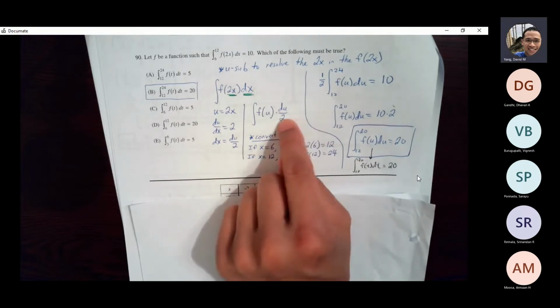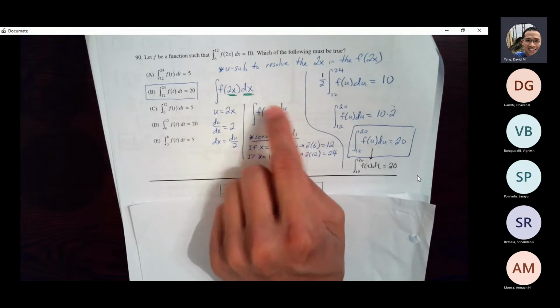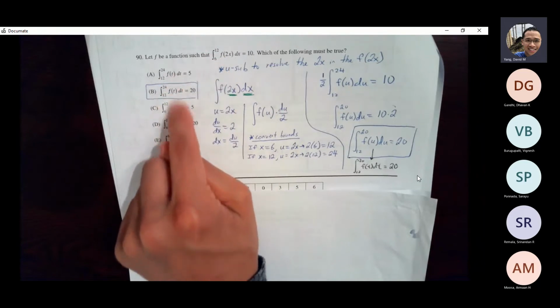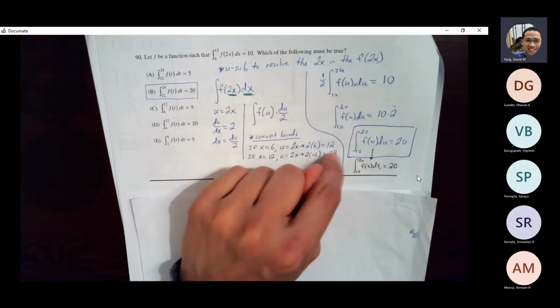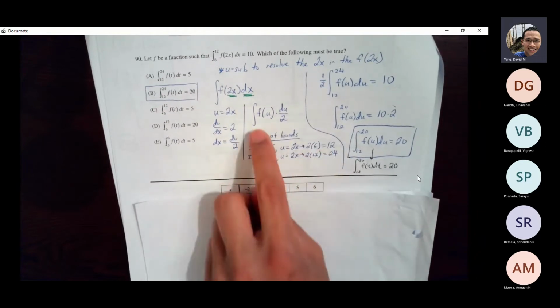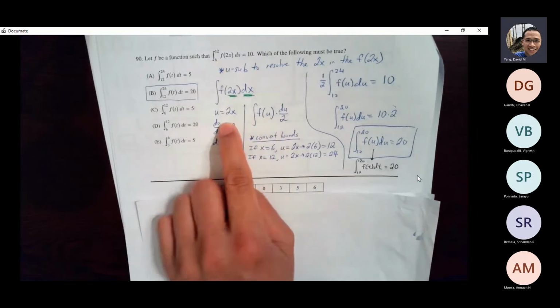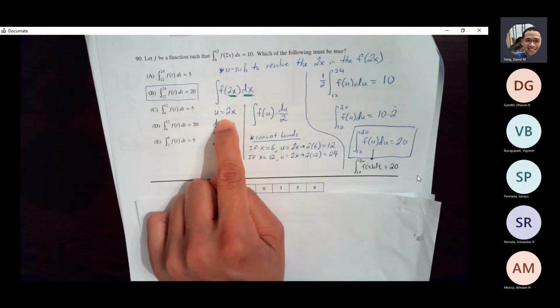But then we also need to convert our bounds to the appropriate values. So 6 and 12 are in terms of x, but notice that everything is going to be in terms of the other variable, which I can call u, which I can later turn to t. If I want to convert the bounds so that I can match what I have here, I have to go through my conversion formula, which is u equals 2x.